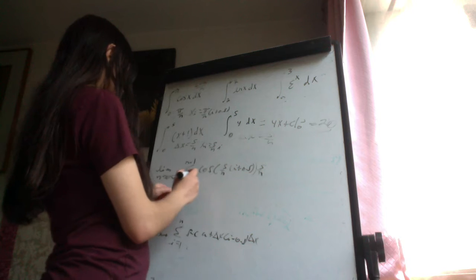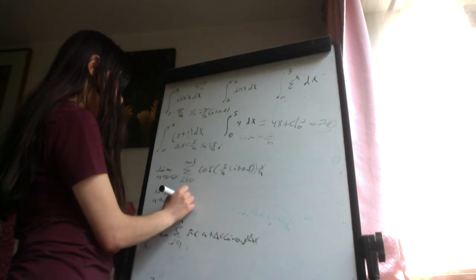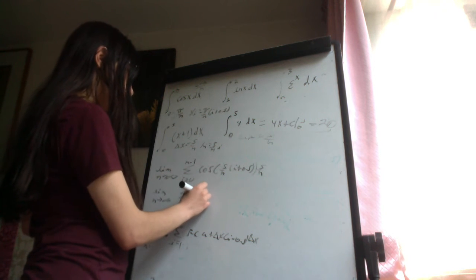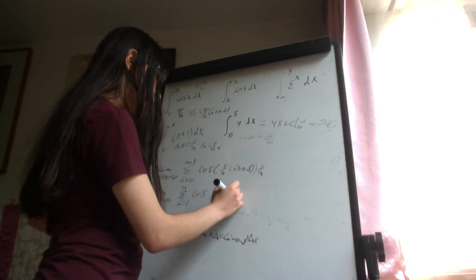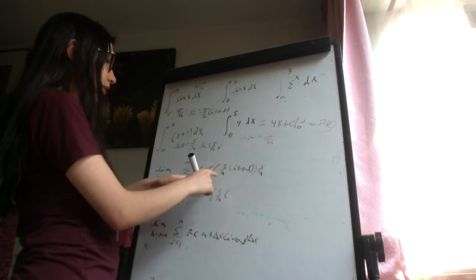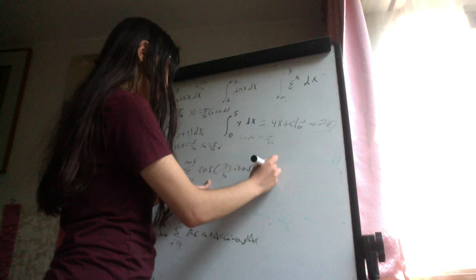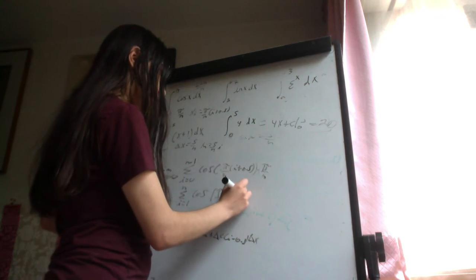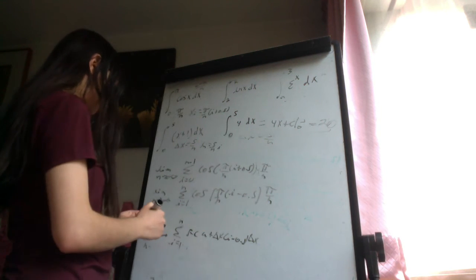Or the limit as n approaches infinity of the summation from i equals 1 to n of cosine of pi over n times i minus 0.5, times pi over n.